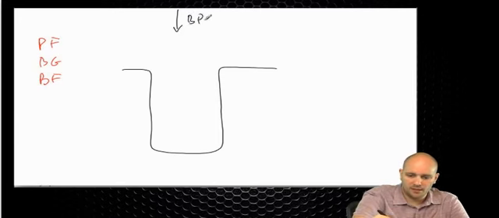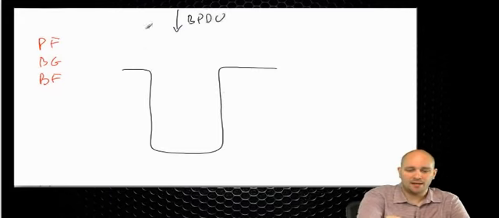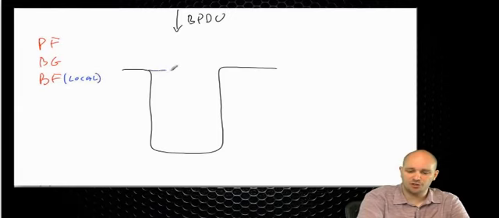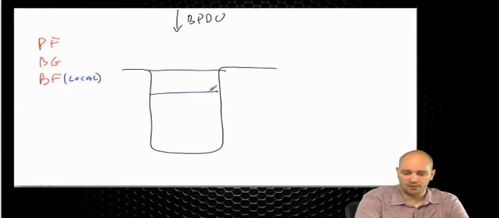So, let's say that we are dealing with BPDU filter local, that means per port. The first feature that sits on this port will be the BPDU filter.